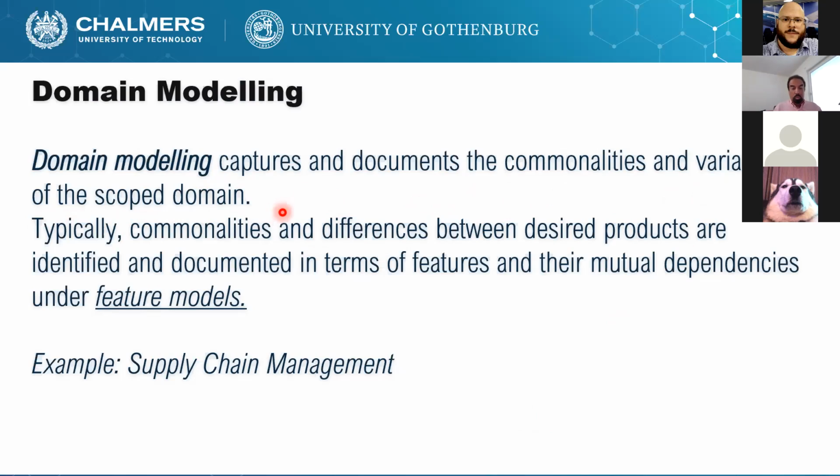So you have common features in an area, and you have variable features, and you have a domain. You need to match all these common and variable features and fit them into a specific well-defined domain to produce a product line that then you can, through variation modeling, use to produce a specific product.